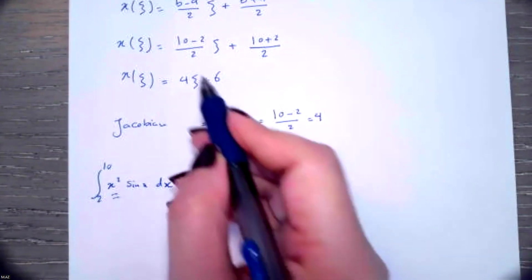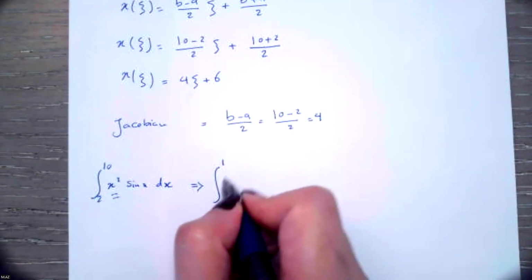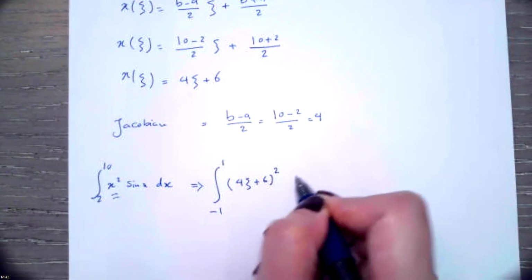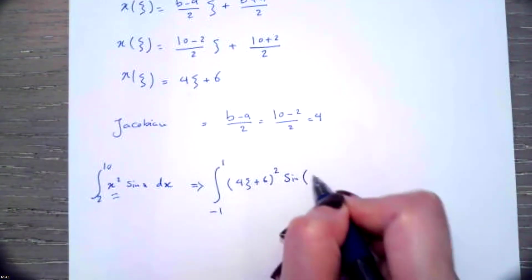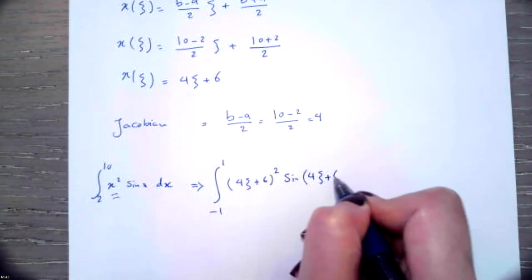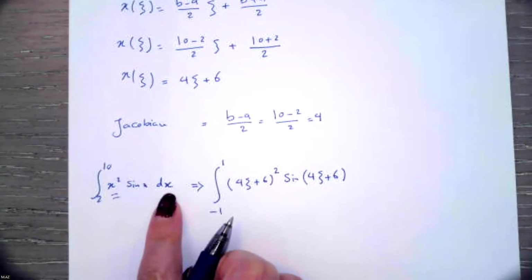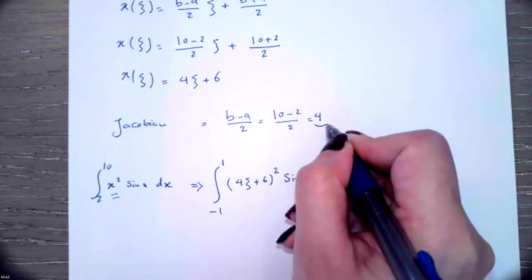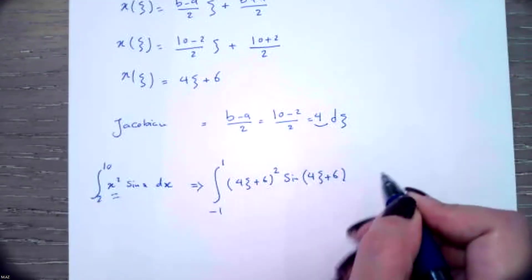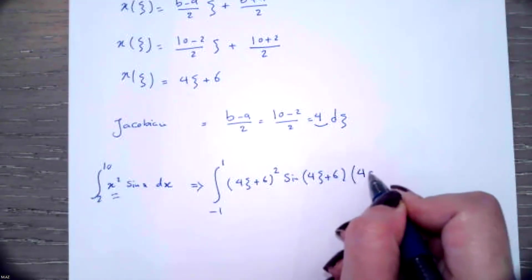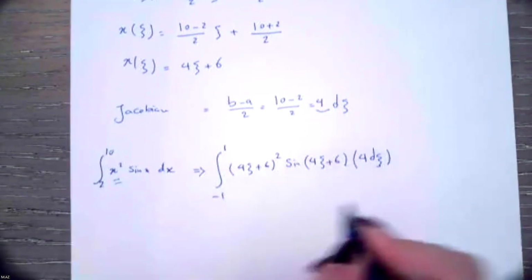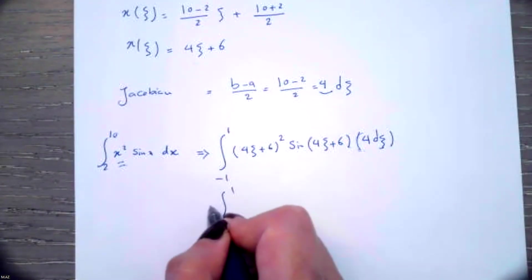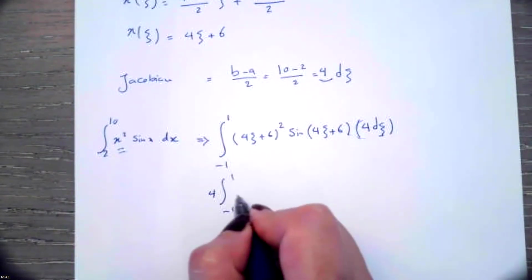Instead of x, we write 4 xi plus 6 squared, the sine of 4 xi plus 6. And how about dx? It is the Jacobian times dxi. We can write this one here.